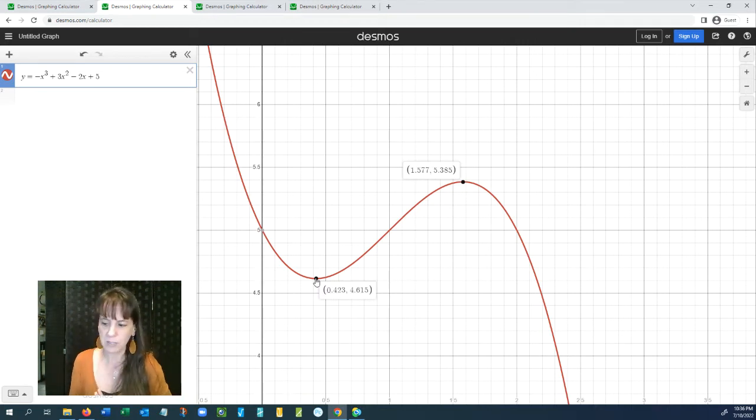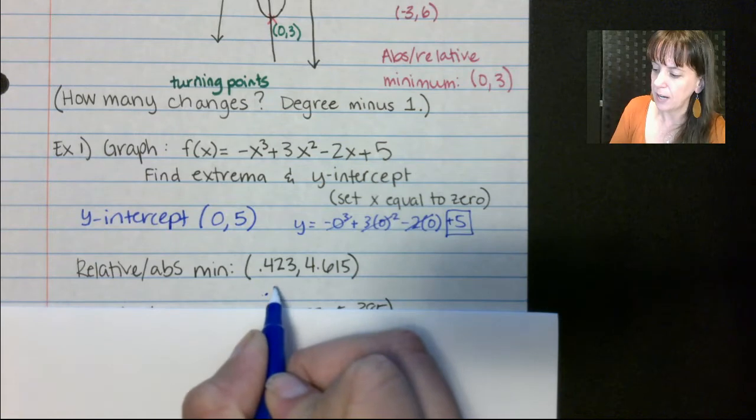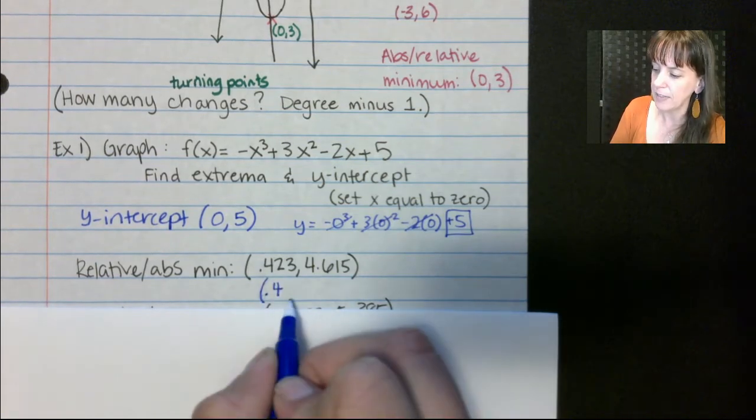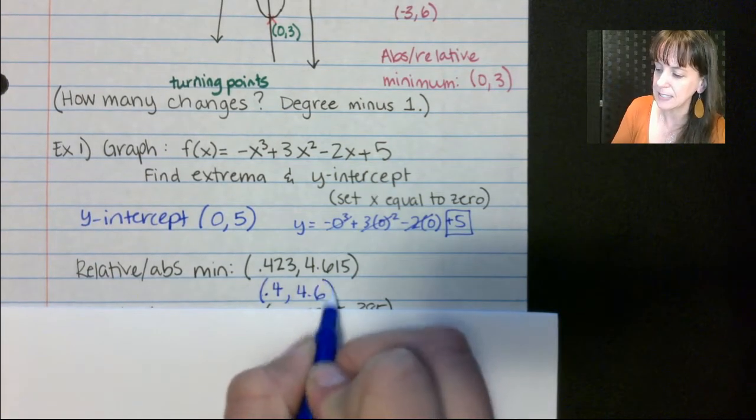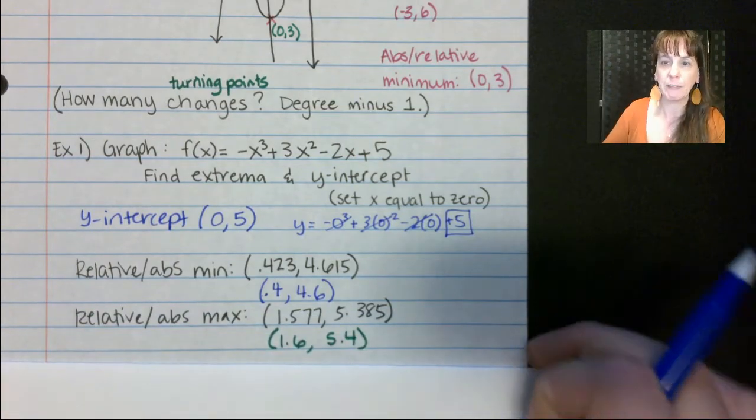And it's okay to round to the nearest tenth on these. So if we round to the nearest tenth, our relative minimum is going to be 4, 4.6. And then our relative maximum would be 1.6 and 5.4.